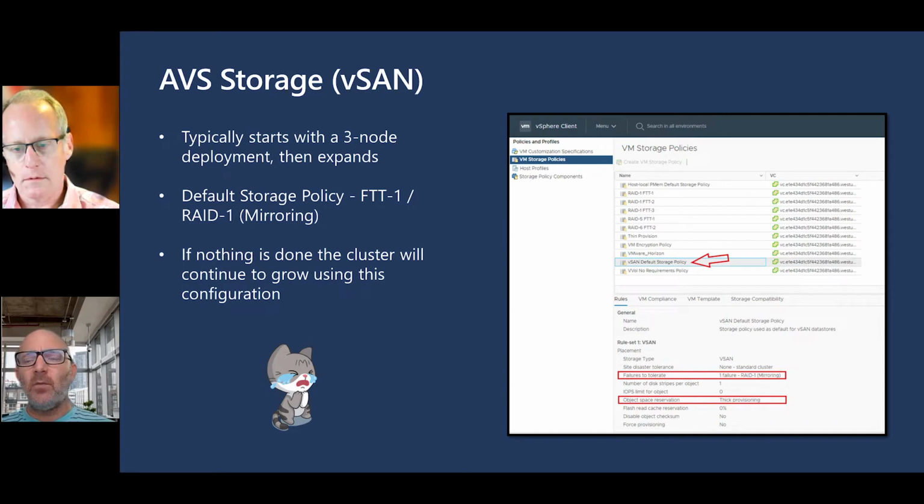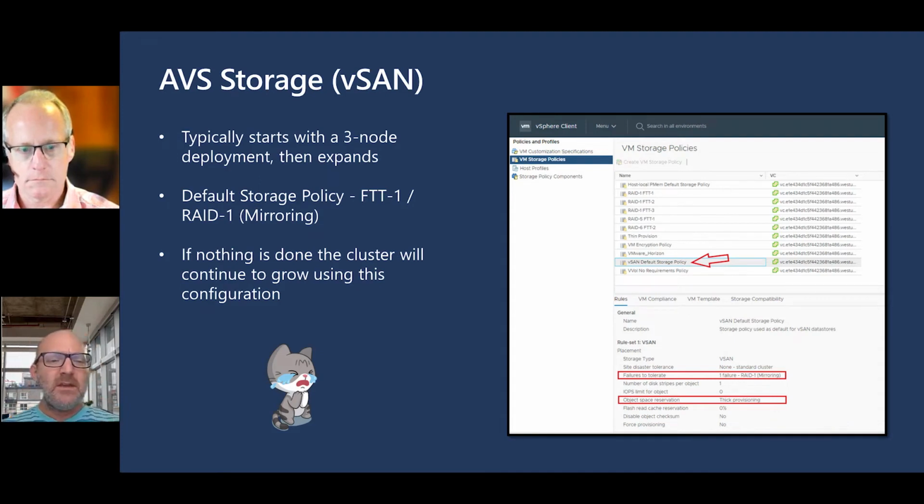So out of the gate, what will almost all the time happen is the customer is going to deploy a 3-node cluster, because the beauty of AVS and Azure is that you can scale on demand, right? So, okay, go with my 3 nodes. I consume what I'm going to consume, and now I need a 4th and a 5th, et cetera.